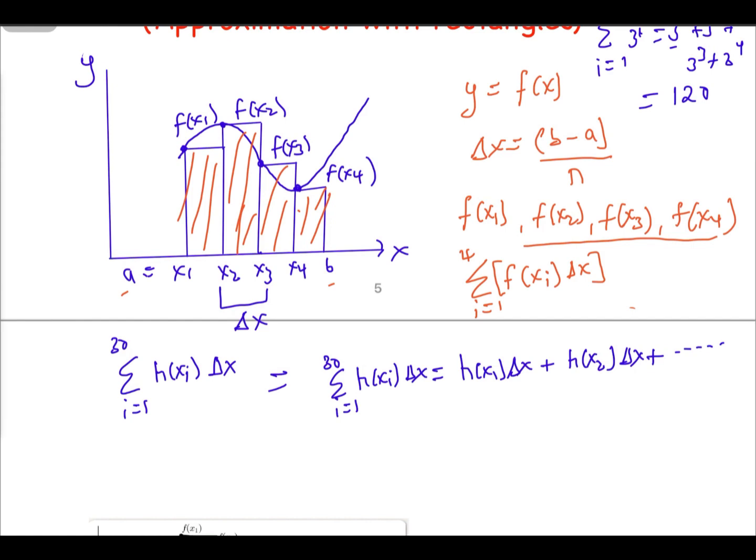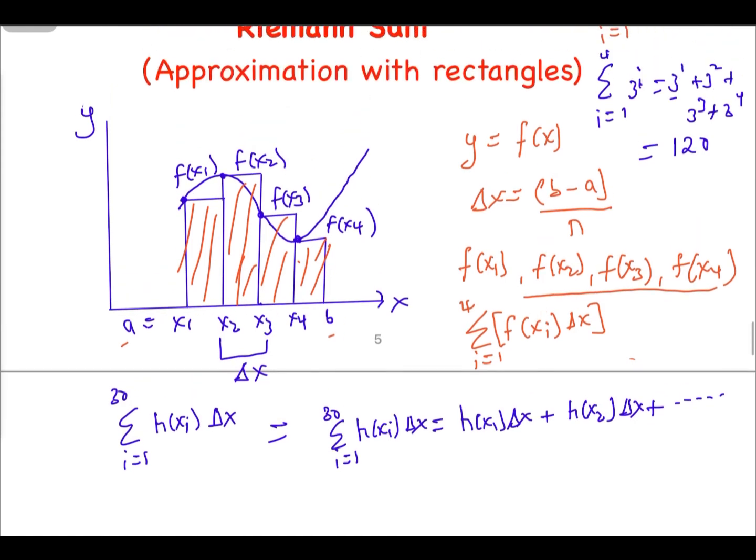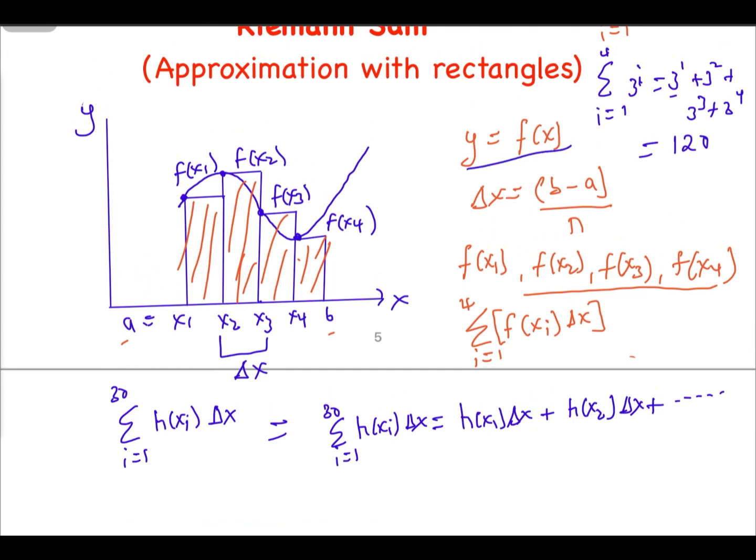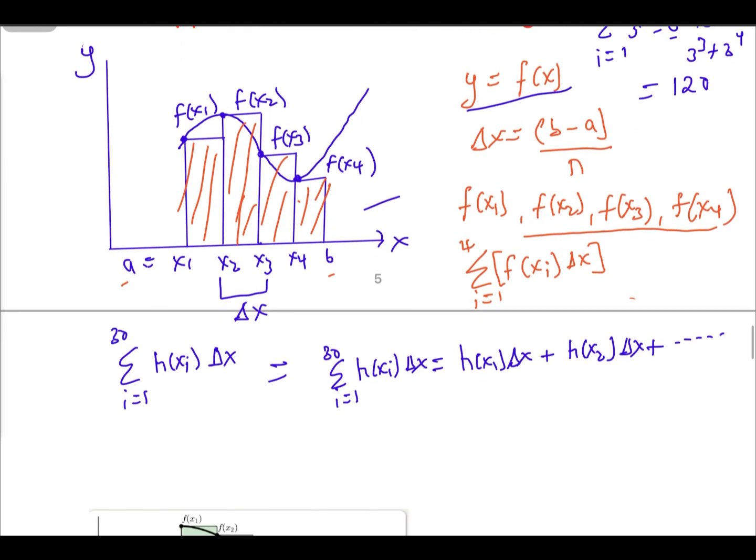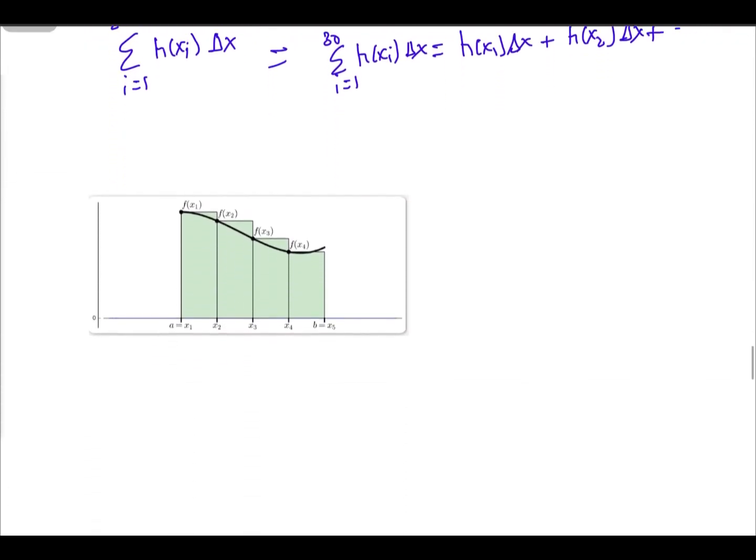So basically we approximate the area beneath the curve y equal to f of x, and above the x-axis on [a, b], by using rectangles, as I've already explained. Let us see the graph below.